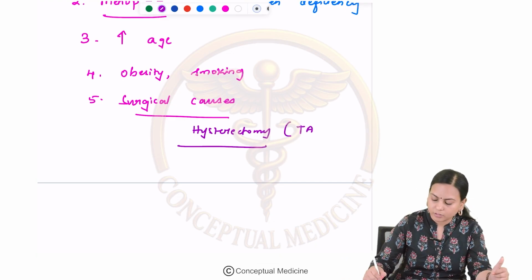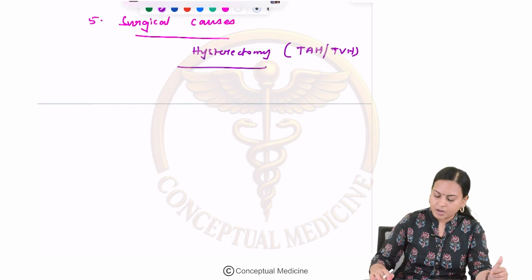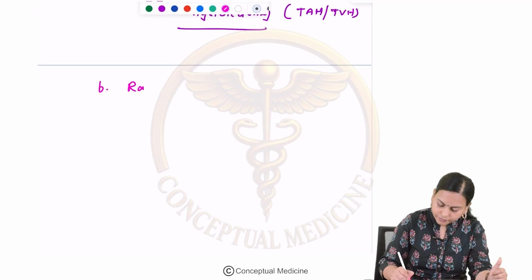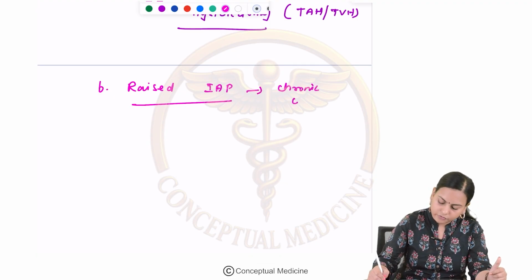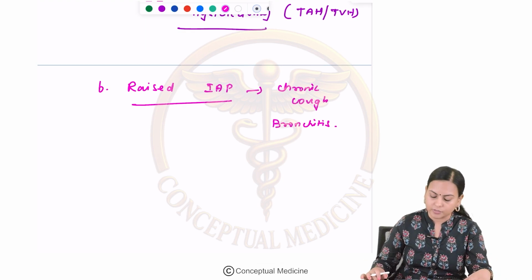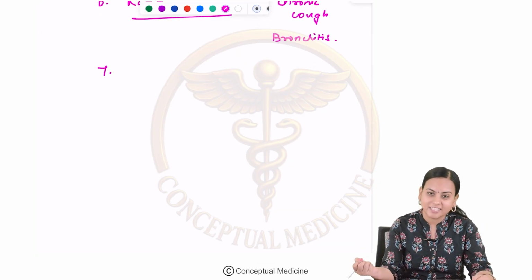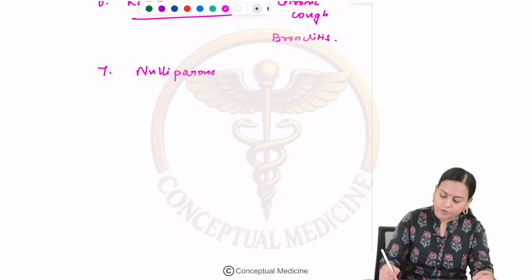This includes both total abdominal hysterectomy and total vaginal hysterectomy, and conditions with raised intra-abdominal pressure, like chronic cough or bronchitis or large abdominal tumors, right? And finally, there is a chance that a nullipara can even get prolapse.